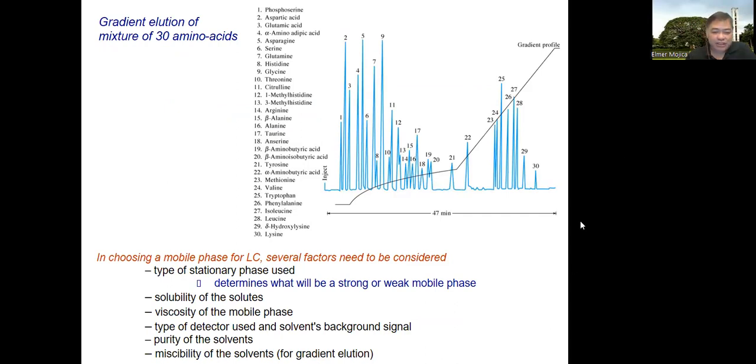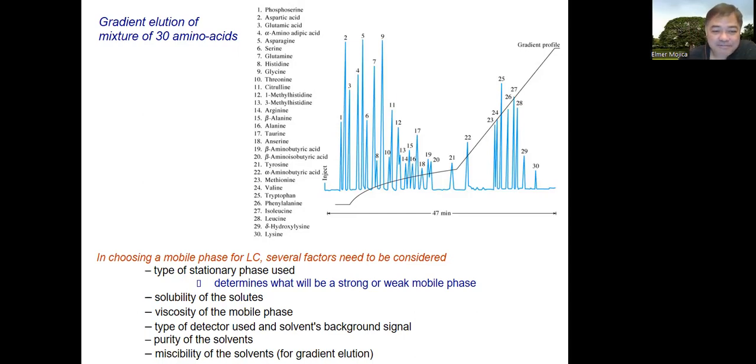That's 47 minutes. Now imagine if you do this in isocratic. It might be longer, or if you run it at that time, some of the components will not show up. You might see here that the composition changes during the time of the run. This is the advantage of the gradient elution compared to the isocratic.